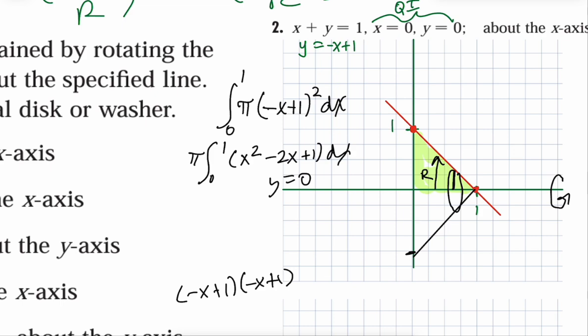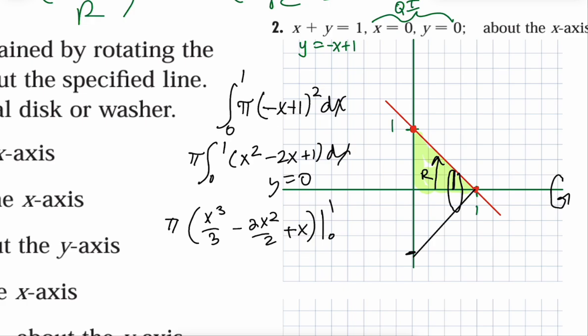You want to multiply it out so that you don't have to use a u substitution or anything gross, because now we can just take the antiderivative. Our antiderivative is x cubed over 3 minus 2x squared divided by 2, which you can just write as x squared, plus x, from 0 to 1. And then again, I'll let you do that yourself.